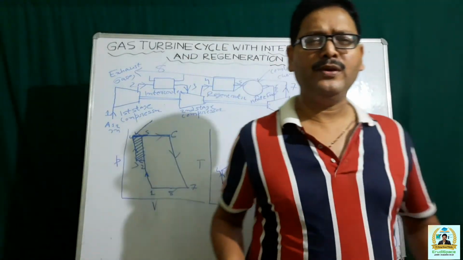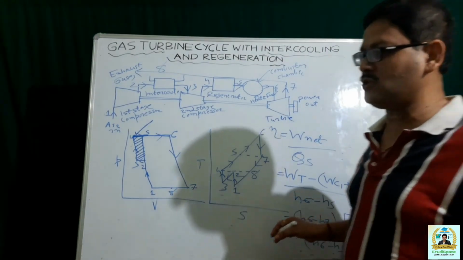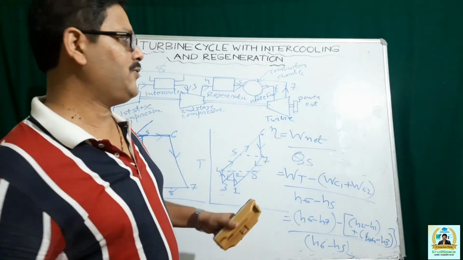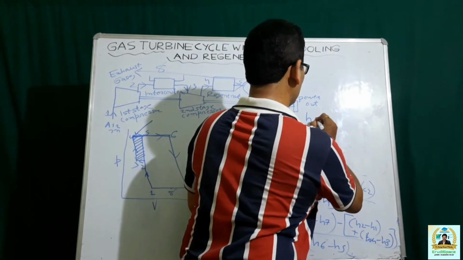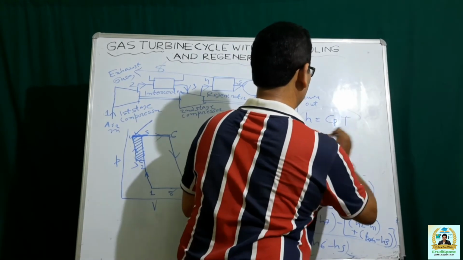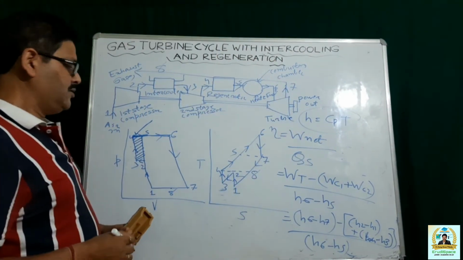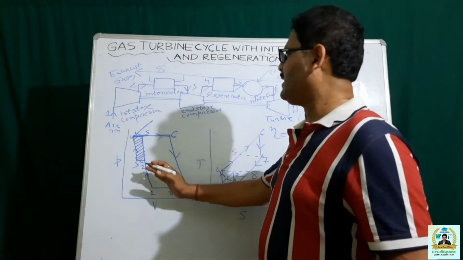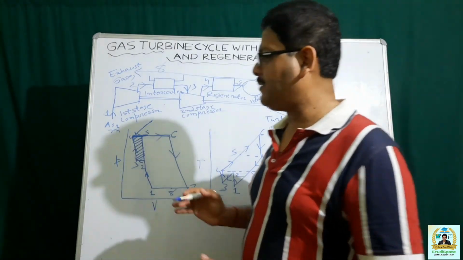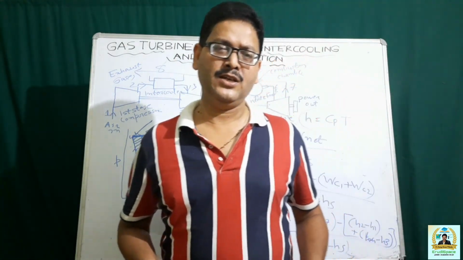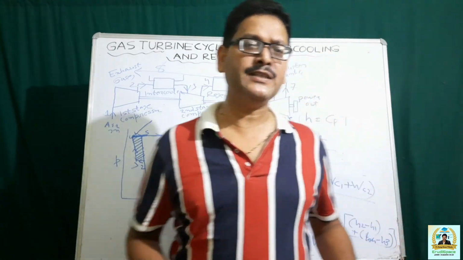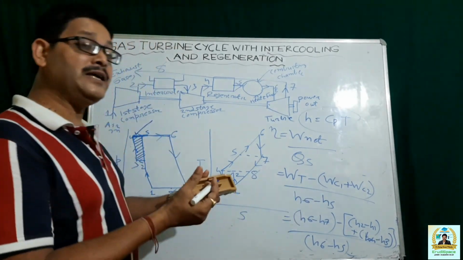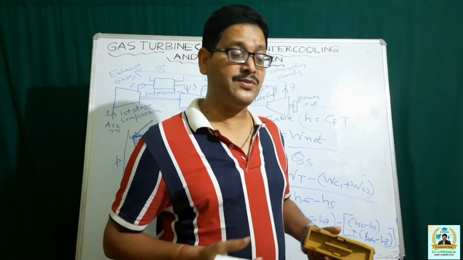And in terms of temperature parameters, simply you have to substitute the H values by T values, because all of us know that H is equal to Cp into T. By providing the intercooler, we save the work that is consumed in the compression, and by providing the regenerator, we can improve the efficiency by supplying less amount of heat or by utilizing the waste heat.